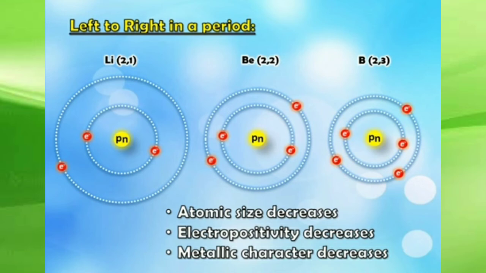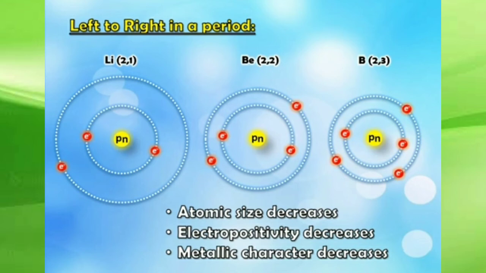electropositivity decreases. Right? What is electropositivity? The tendency to lose electrons. So electropositivity decreases as we go from left to right in a period. When electropositivity decreases, the metallic character also decreases. Okay, are you getting me, children? Metals have the tendency to lose electrons, right?